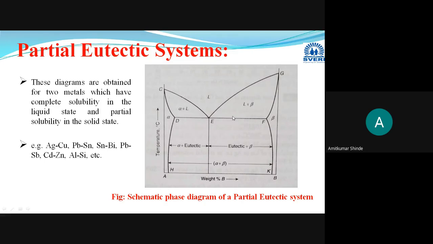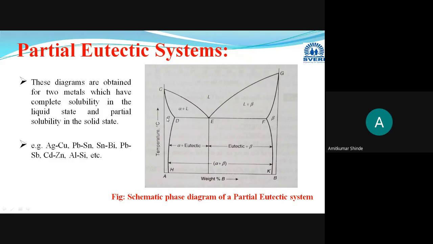In short, alpha is the solid solution of element B in element A, and beta is the solid solution of element A in element B.